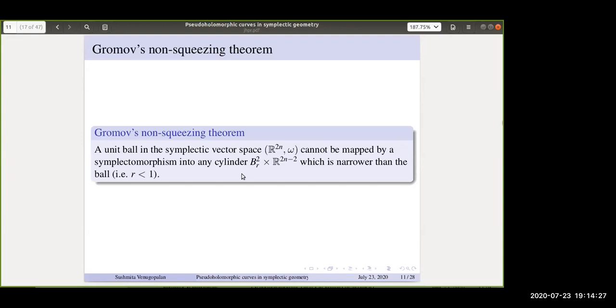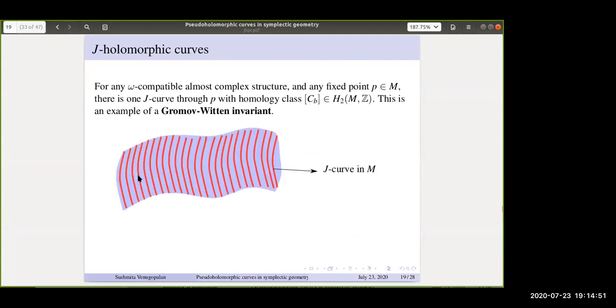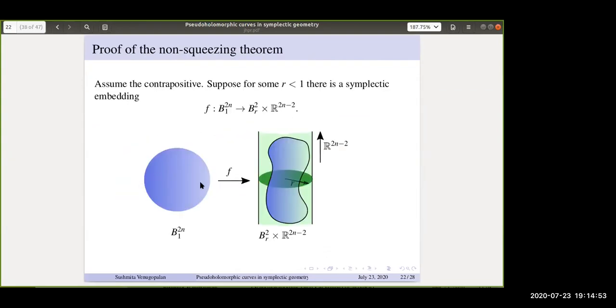Here I write any cylinder B^2(R) times R^(2n-2). I take two of the conjugate directions and reduce the radius to just R, which is smaller than 1. Then I cannot embed the unit ball into this thin cylinder. Let me jump ahead to a picture. If this green circle has radius R smaller than 1, then you cannot have an embedding like this which preserves the symplectic form. That's what Gromov's theorem says.